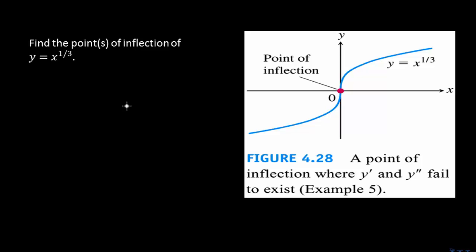Find the points of inflection of the cube root of x, because x to the 1/3 is the same as the cube root of x. So let's take y prime. So it's 1/3 x to the -2/3. Then take the second derivative. Y double prime would be what?